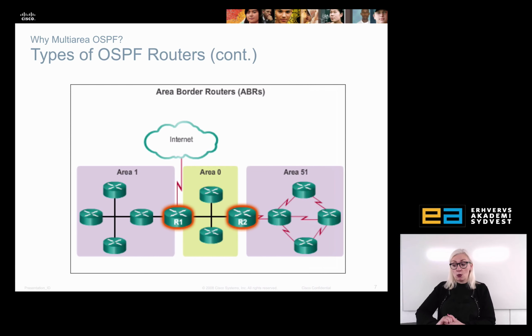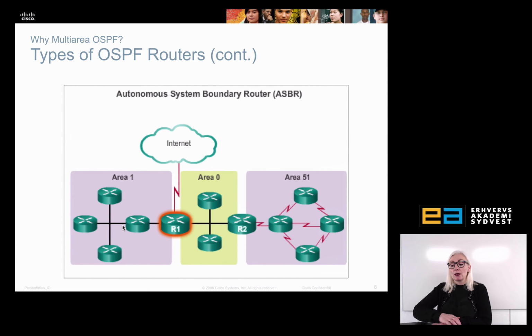Then we have something called the area border routers. These are the routers that are connected to area 0 in one leg and to another area on another interface. So this is the border between the different areas. That is called area border routers or ABRs.